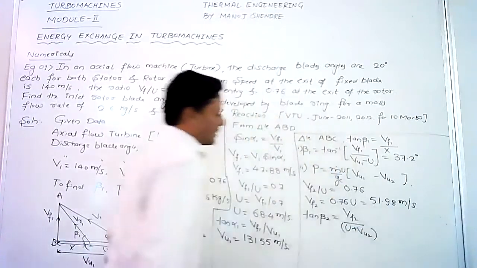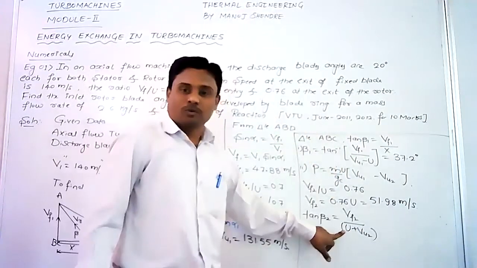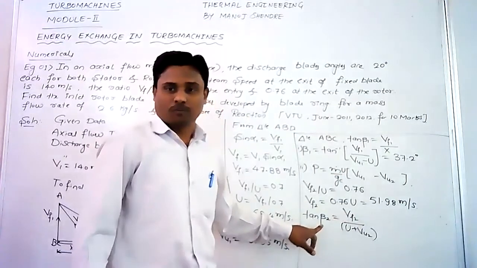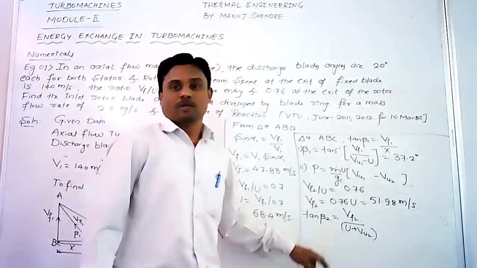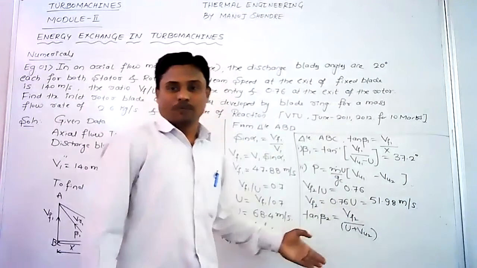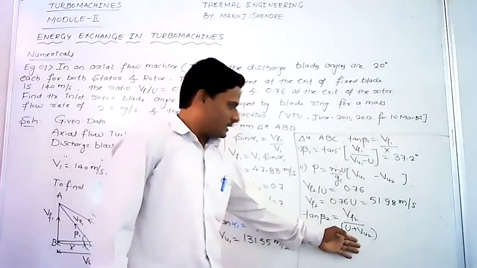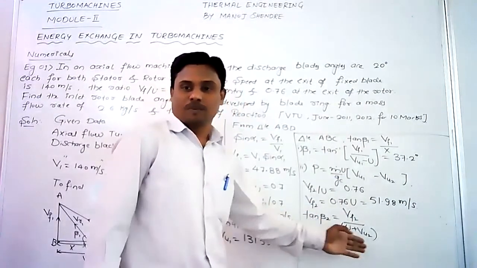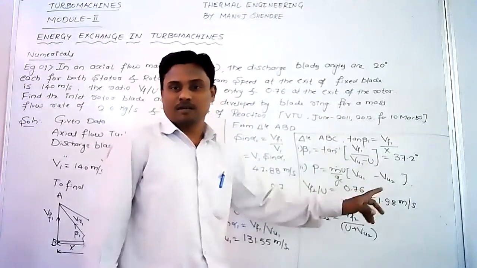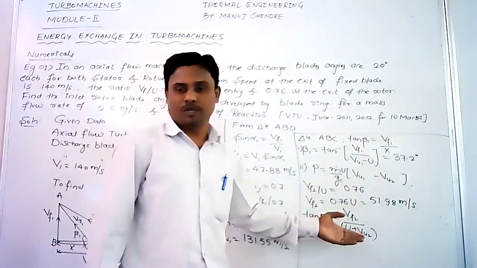So you know the value of u, you know the value of Vf2, you know the value of beta 2. Just do the cross multiplication and simplify this. Take the u to the right hand side, you'll get the minus u here.